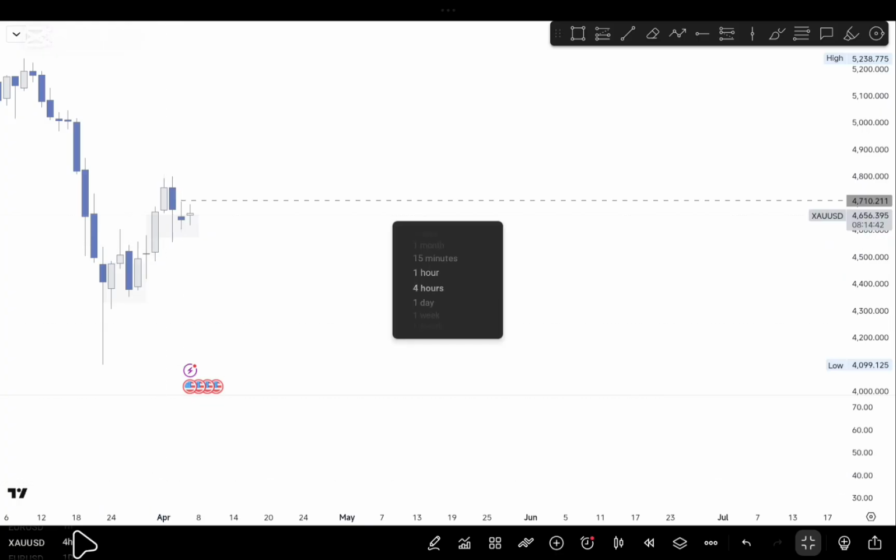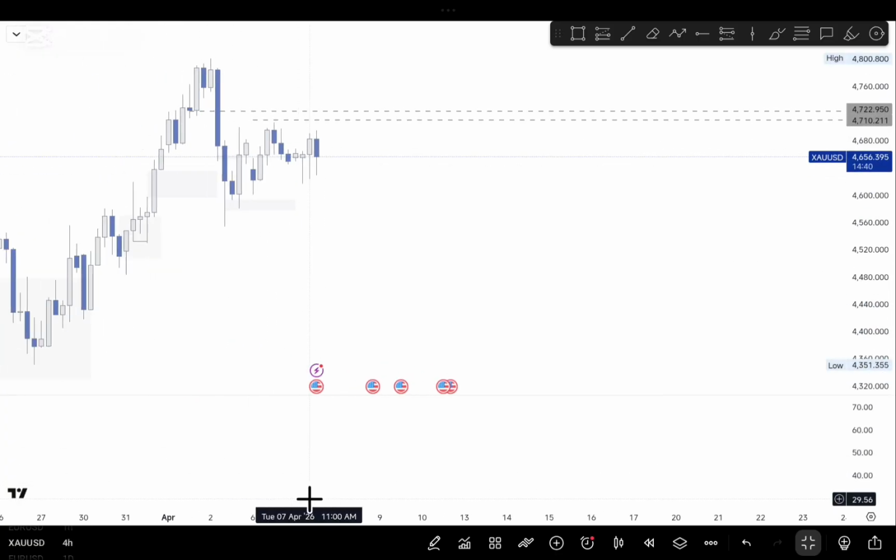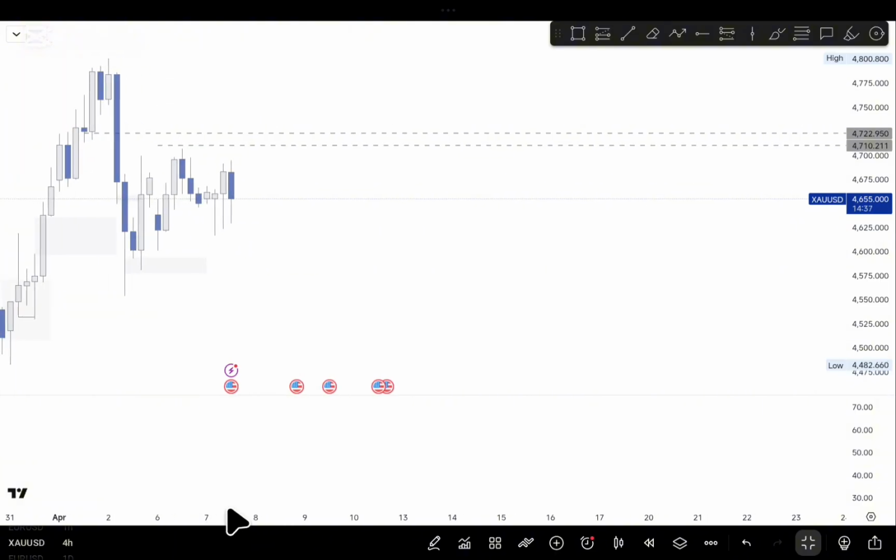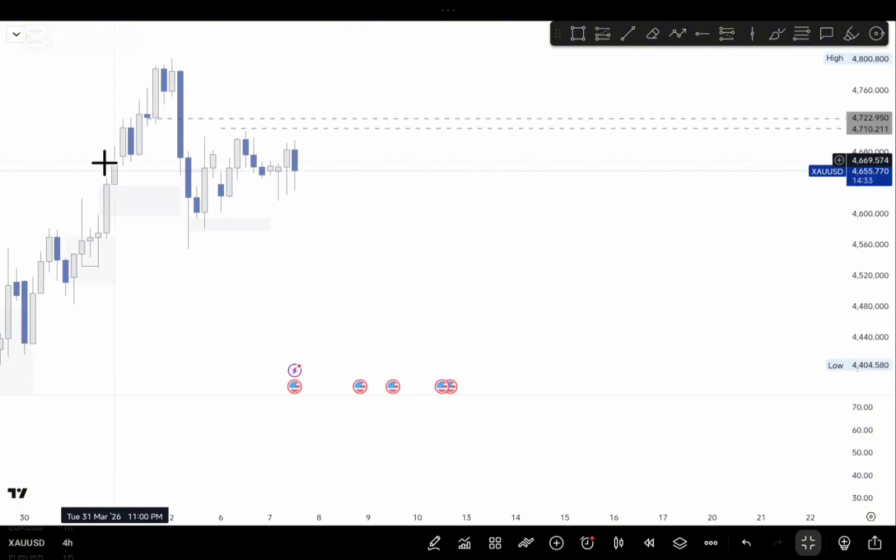So now let's take a look at the 4 hour. Okay, so on 4 hour, it pretty much shifted the structure around this area, and price is currently holding this position from moving upside. And yeah, we are at a strong area.